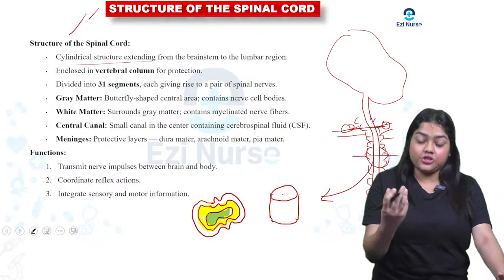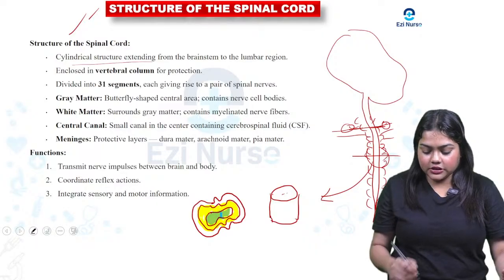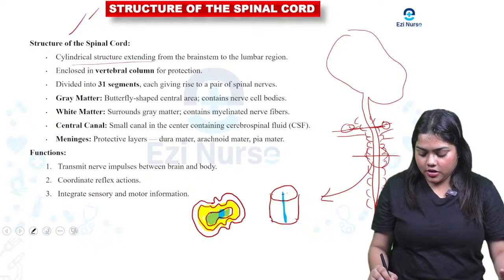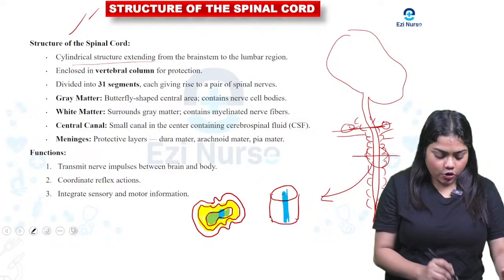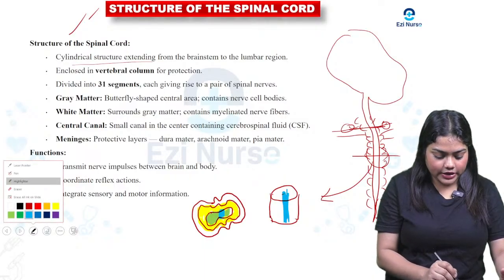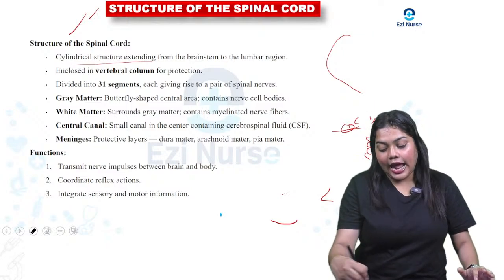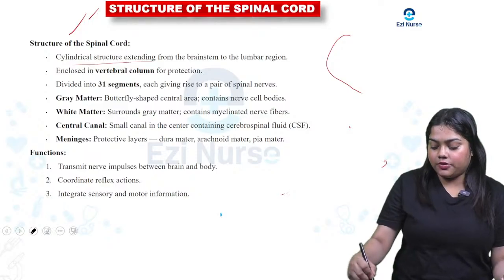Now coming to the central canal, this is a small canal in the center, which contains the cerebrospinal fluid. So in the center of the spinal cord, we will have cerebrospinal fluid. Understood, right? And on the outside, as we know, everything is covered by some layer.